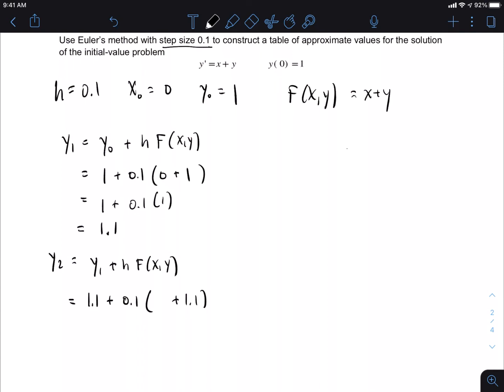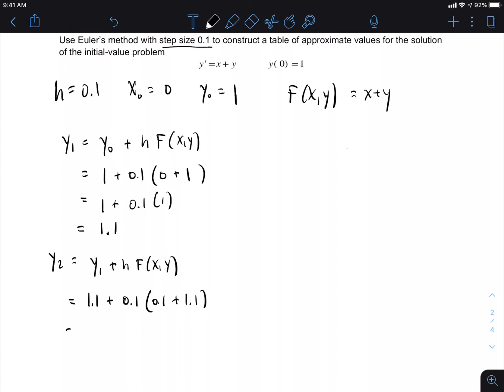How did x move? Didn't it move a step size? So if I'm at 0, and I shift over 0.1, what's my new x? 0.1. The step size is how x is shifting. Does that make sense?